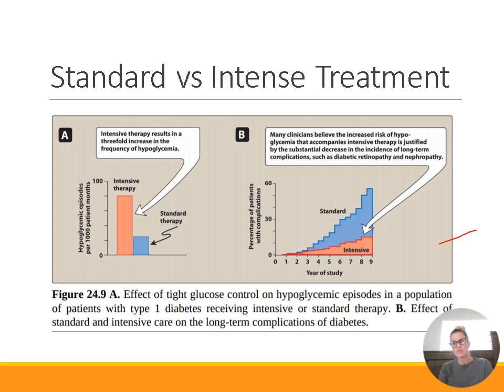The insulin dosing will generally be weight-based to begin with. I'll post an exercise with you guys where you calculate the insulin dose based on the patient's weight, and then you break that total daily dose up into basal insulin.